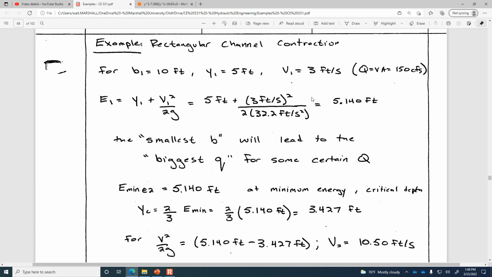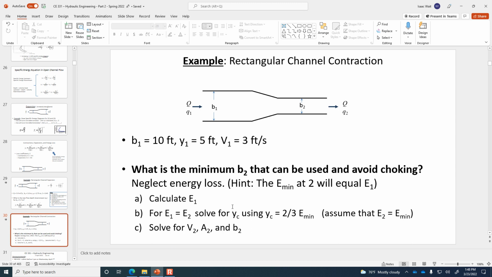First, we can calculate the specific energy at 1, which is 5.41 feet. That's the depth plus the velocity head of 5.14 feet. We assume that it's flowing at the minimum specific energy at 2, because the narrowest you can get is going to induce that critical flow.